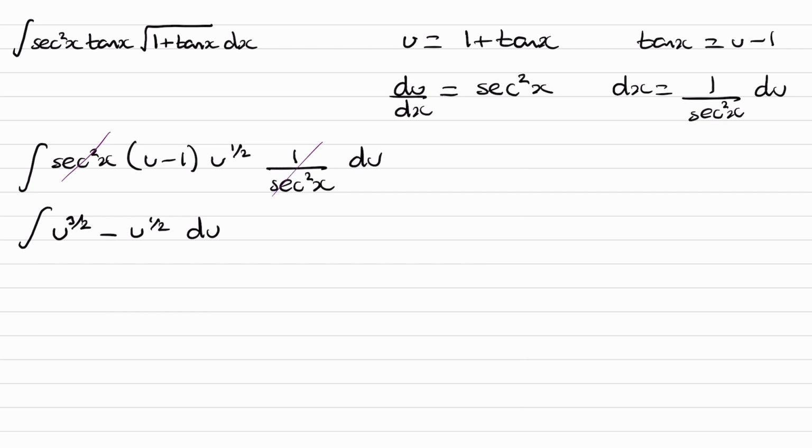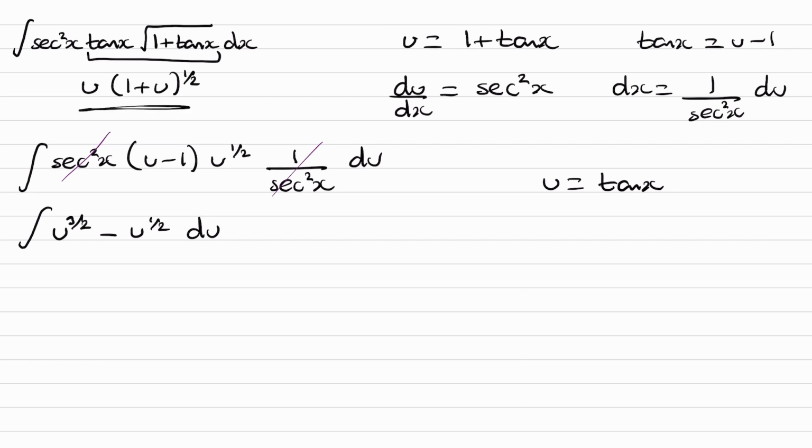So if we were to have set to begin with u to be equal to tan x, which you could also potentially do, then this becomes u. Again, the differential of tan x is sec squared x, so then the sec squared x would go away. This bit here would then become u multiplied by 1 plus u to the power of a half.